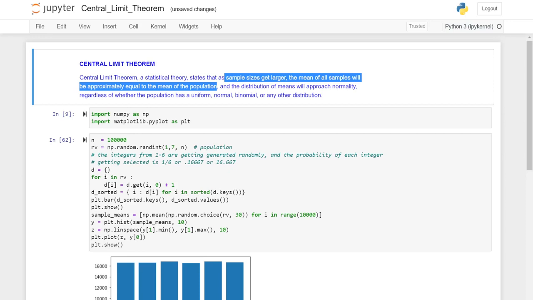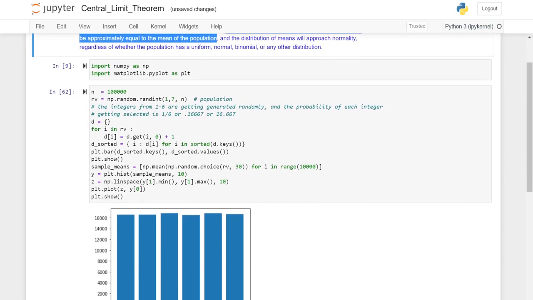Okay, good. Next, the distribution of means will approach normality. What does this mean? Look, it also says regardless of whether the population has a uniform, normal, binomial, or any other distribution. But our population distribution is what? It is uniform distribution.